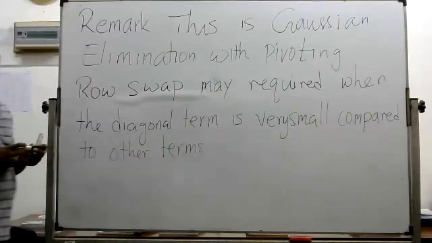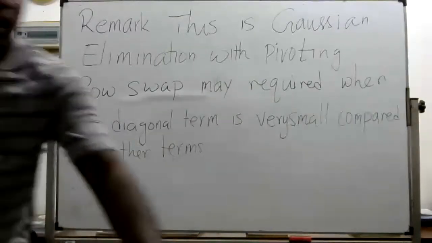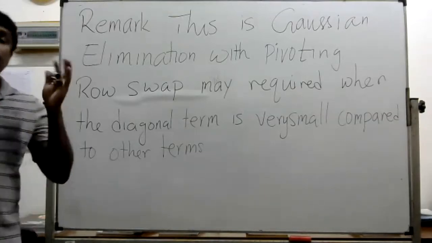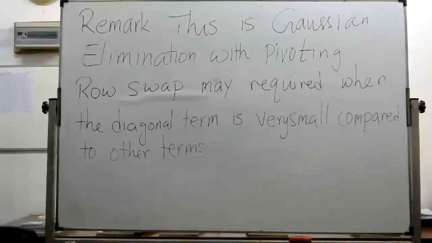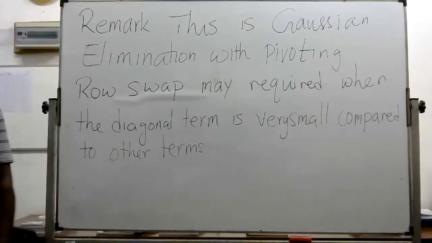You may need to do the elimination, row transformation or row swap, whenever the diagonal term is very small compared to the other terms below the diagonal. That is one peculiar case where you may need to do a row interchange.